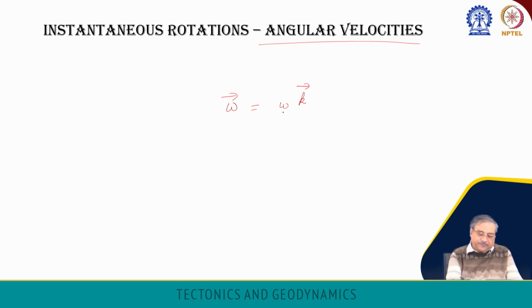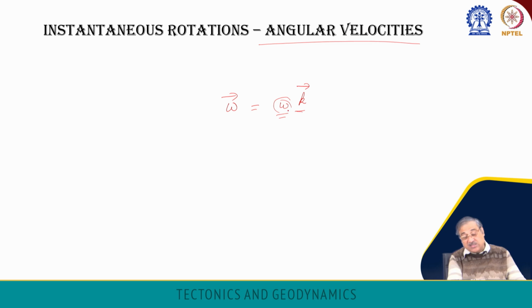So omega here is simply the amount of rotation that is taking place per unit time, and this is again the small magnitude of it. When this is multiplied by omega, this is not per unit time, this is the actual magnitude of how much rotation has taken place. This is the unit vector that defines the direction, the orientation of the axis.